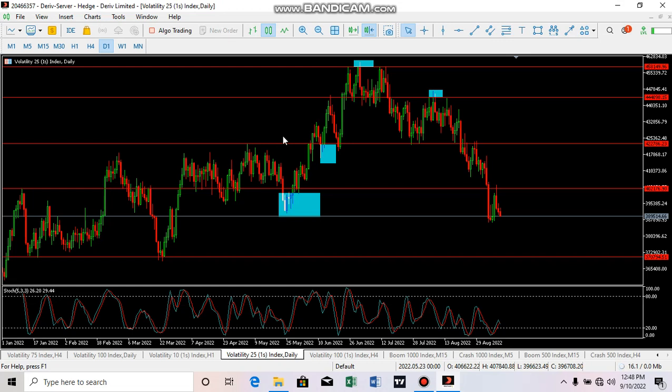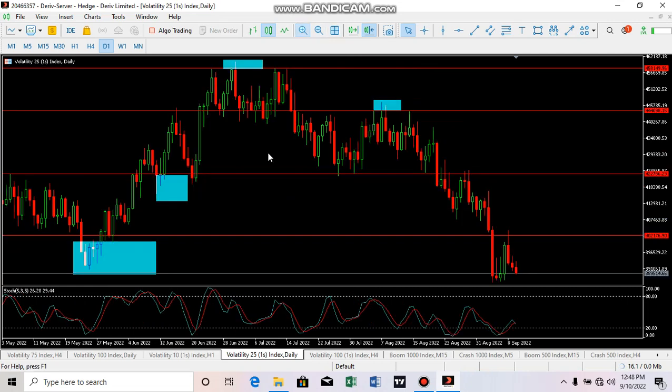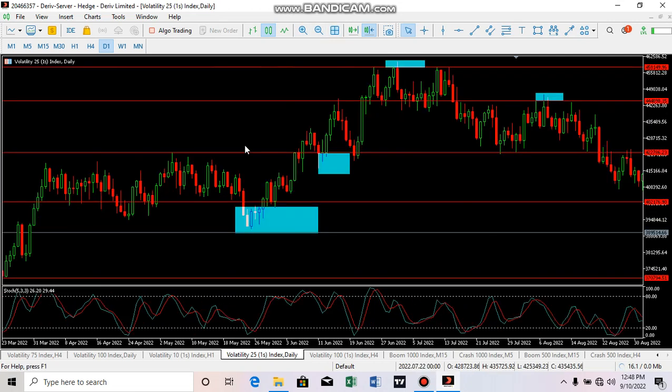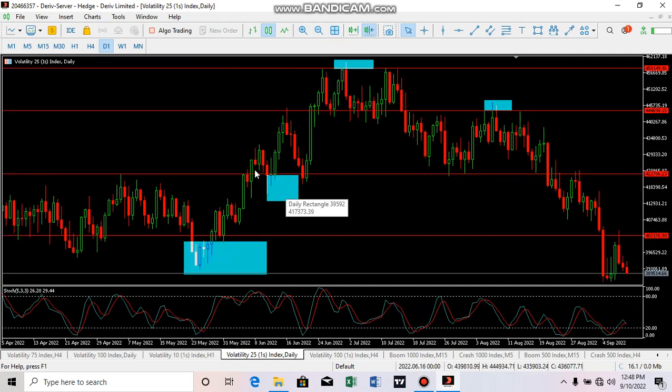So you do that, and after that, you wait for the market to approach your support or resistance, right? Before you can do anything, from here, as you can see, let us start from this top here. The market was going up, and I was marking all these rejections here.